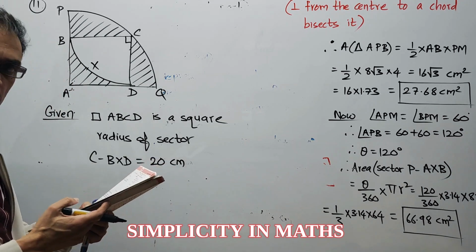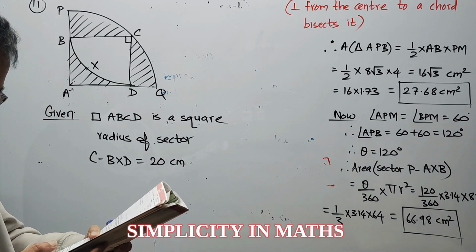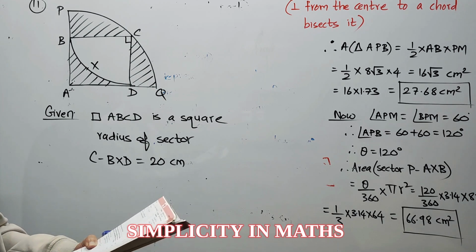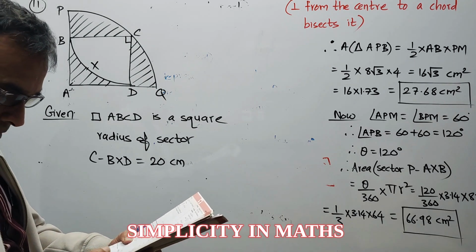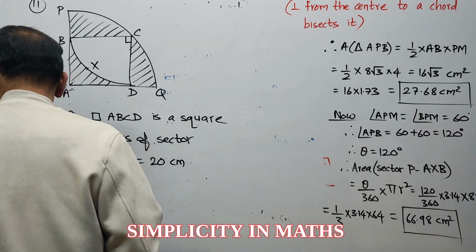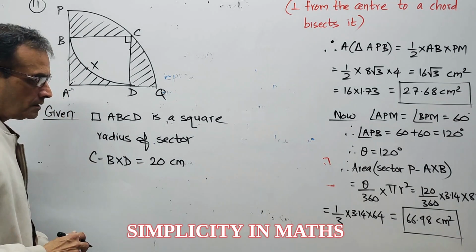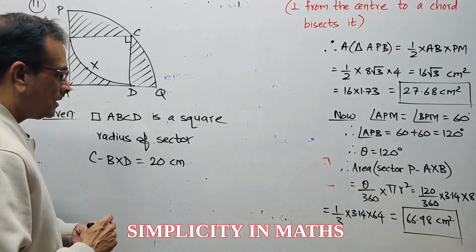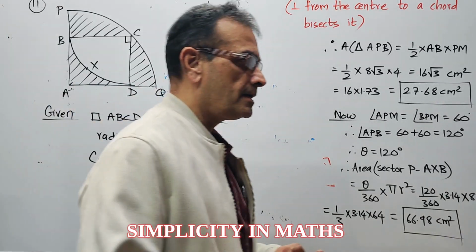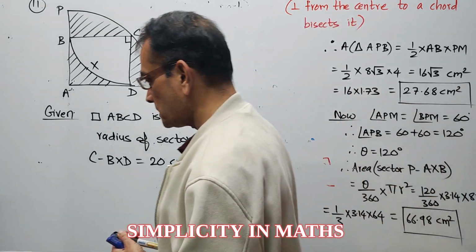Radius of sector is given as 20 centimeters. That is all that is given. Find the area of the shaded portion. Okay, we have to find the area of the full shaded portion.